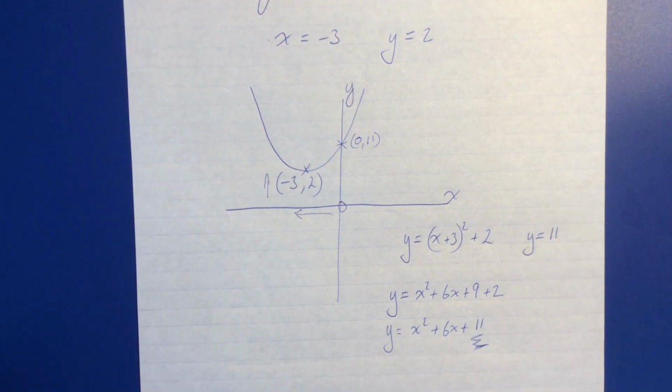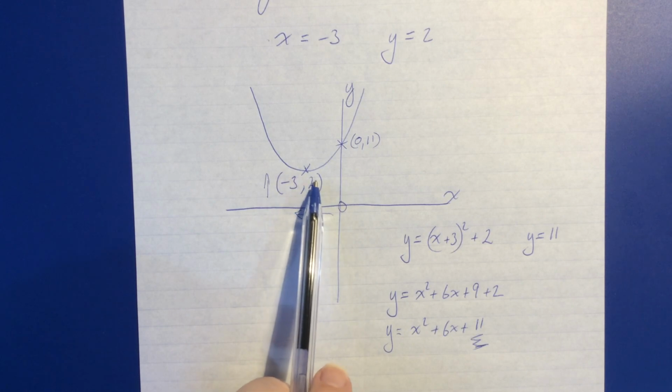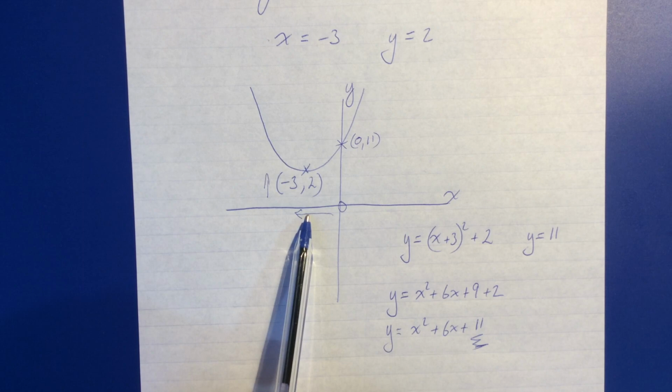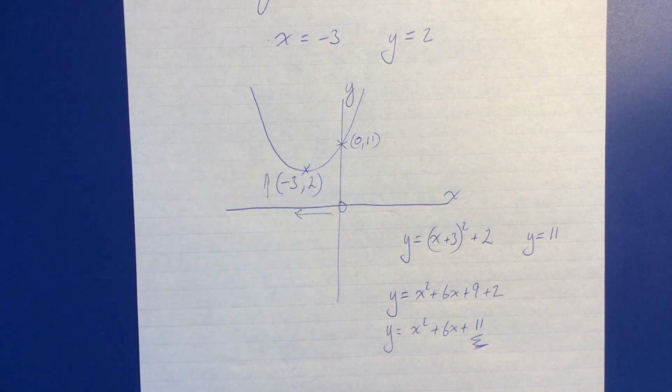Okay, so that's nice and straightforward, I hope. There are a couple of other things to note. This parabola does not go through the x-axis, so we haven't had to find x-coordinates, and that also coincidentally means that there are no solutions for x for this equation.